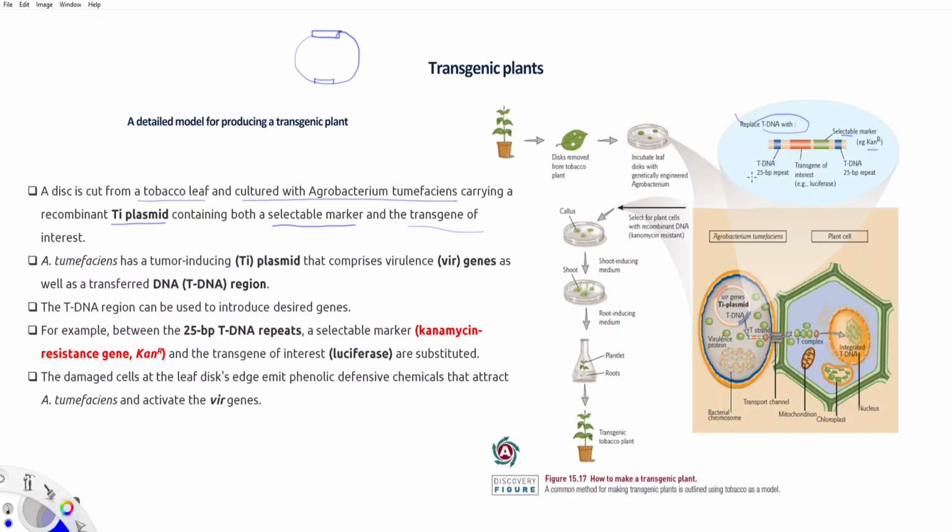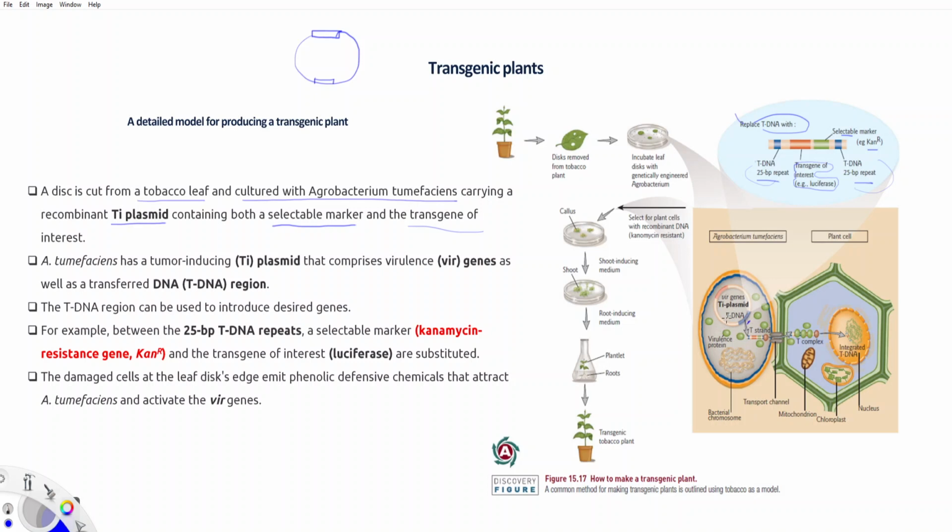You're going to have some 25 base pair repeat regions, and now you've put a new transgene of interest. Let's say you want to insert luciferase. You've put luciferase in the middle there. So that is the composition of your new T-DNA: some T-DNA repeats, your transgene of interest, and a selectable marker. And of course, this T-DNA is going to be here.